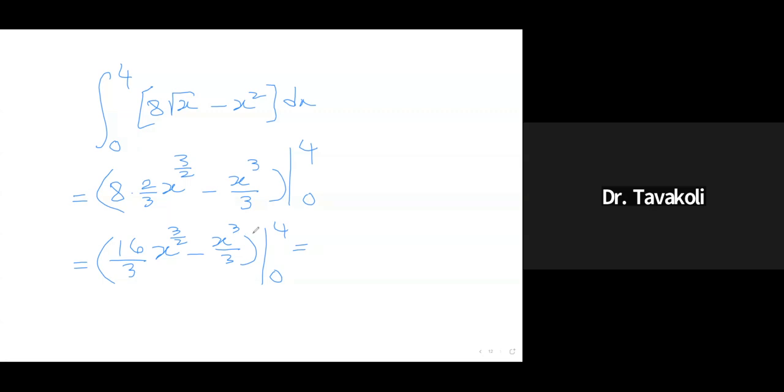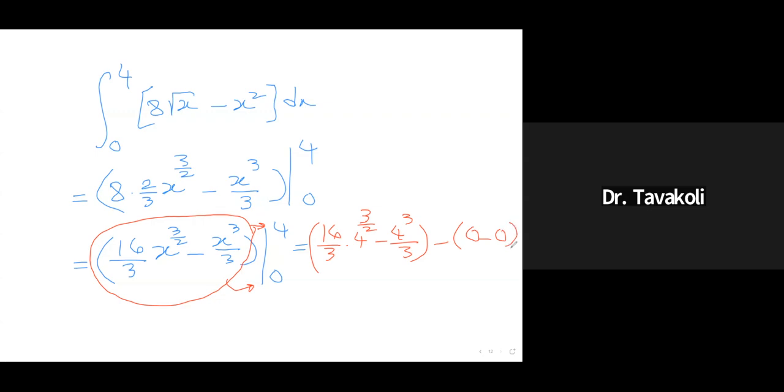So evaluate this at 4, which gives us 16 over 3 times 4 to the power of 3/2 minus 4 cubed over 3. At 0, that's easier because both of those terms become 0. 0 to the power of 3/2 and 0 cubed are 0, so the second parenthesis is just 0.